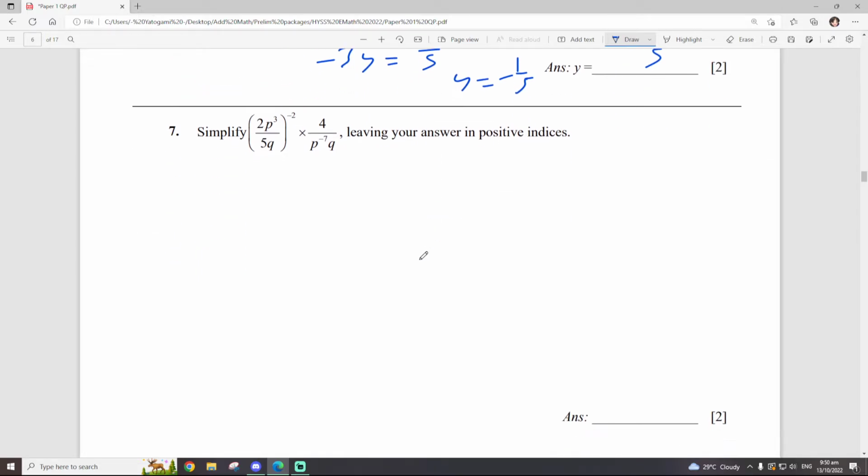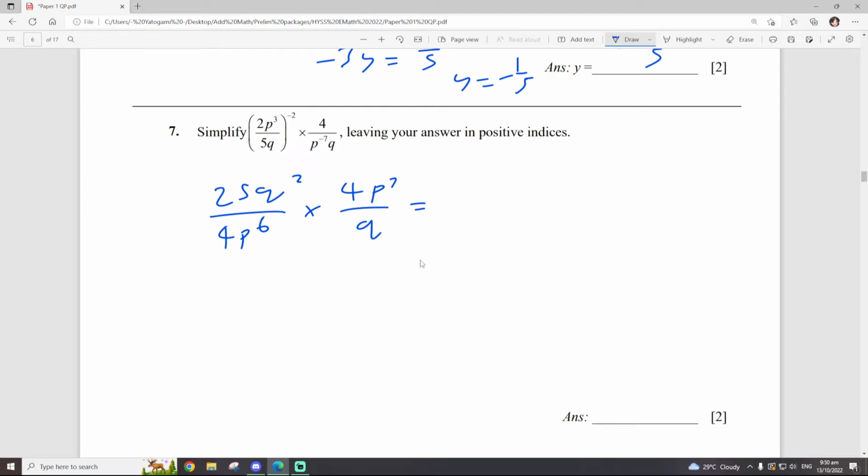Simplify the following. Okay. So let's see. Well, I want positive indices, so what I can do is I can rewrite this term as, I'll take the reciprocal first, then I'll square, so I'll get 25q squared divided by 4p to the power of 6, okay, times 4 over p minus 7, so bring that to the top. So I'll get 4p power 7 divided by q.